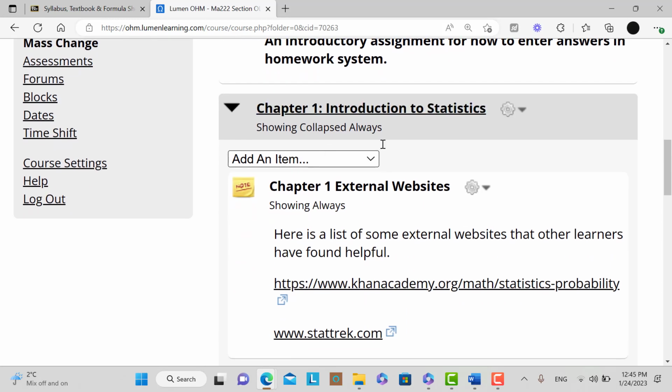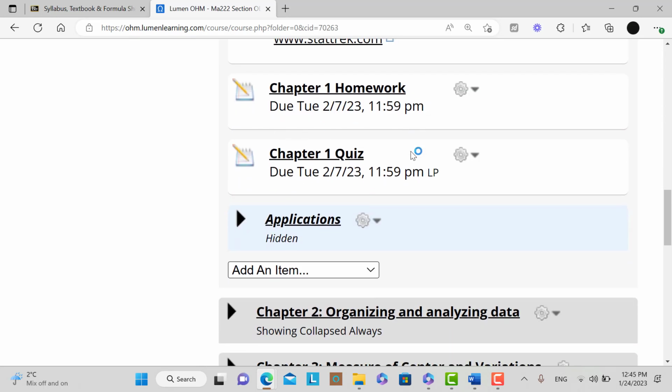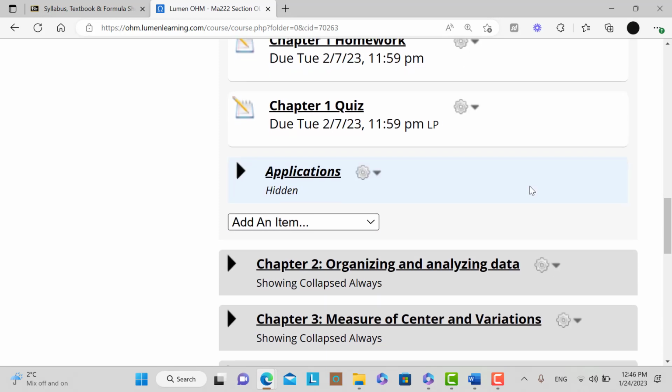And then starting on chapter 1, you're going to have one homework assignment and one quiz. I recorded lots of lecture videos and also PowerPoints. On a weekly basis, you go over the lecture videos and then the PowerPoint. Then you can start working on a homework assignment from there.